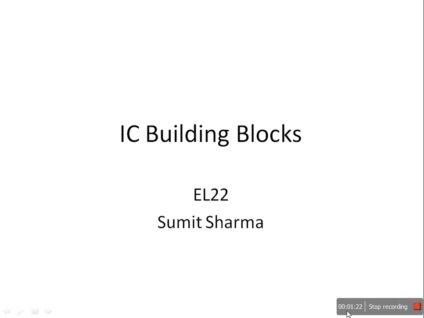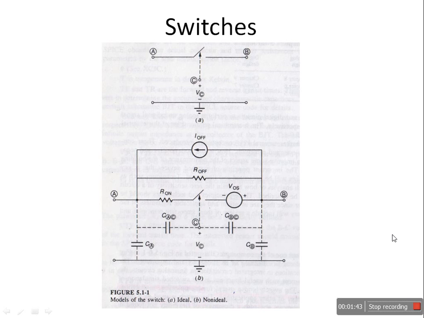As you know, you have seen switches in your home, in the laboratory, everywhere. The basic use of the switch is to let the current flow between two terminals. Now we will see the switches.